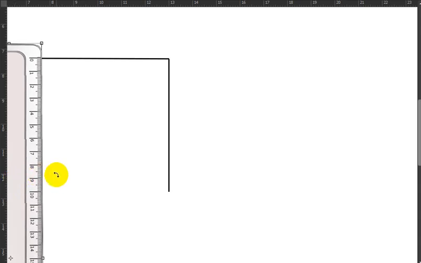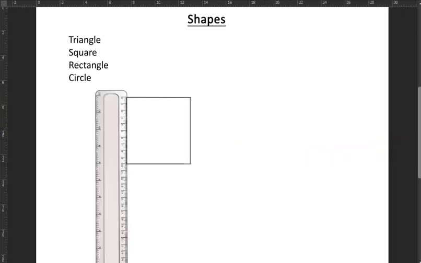Place it here. Have they lined up? Yeah. They're all right. And I'm going to make another side that's 10 centimeters. So right there. And then I can just finish off the last side. No ruler required. And there you go. That's a perfect square.